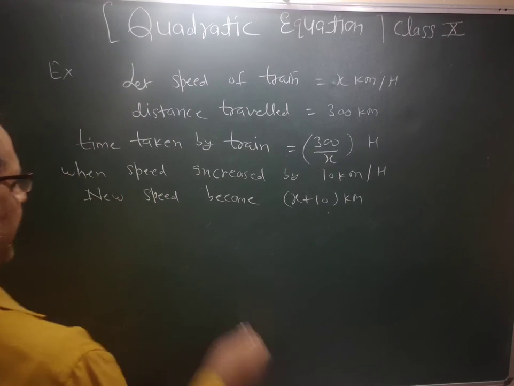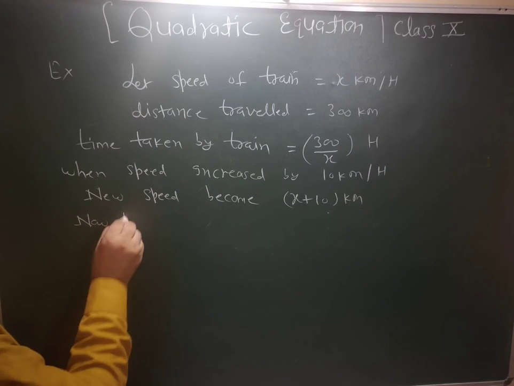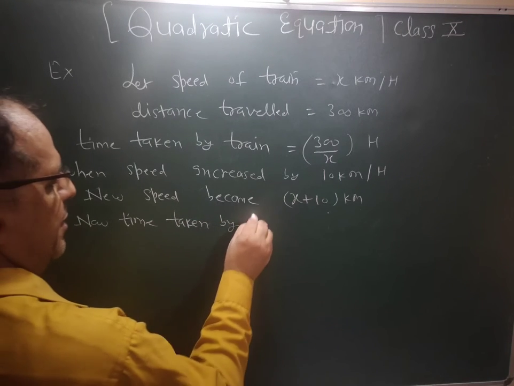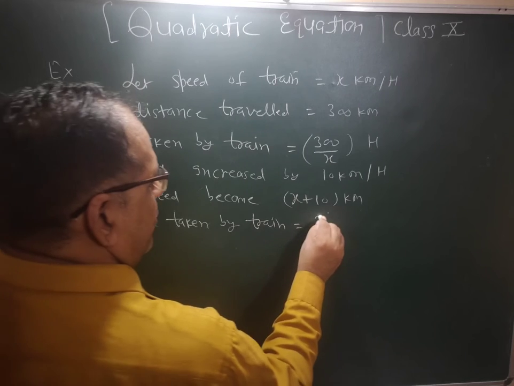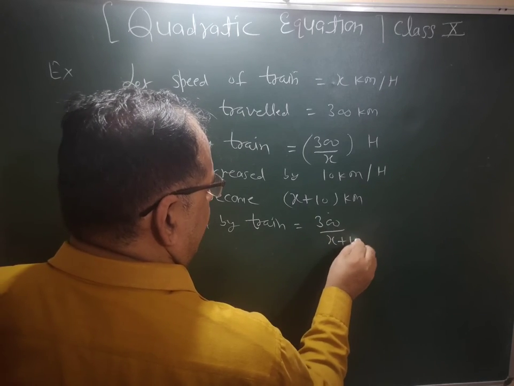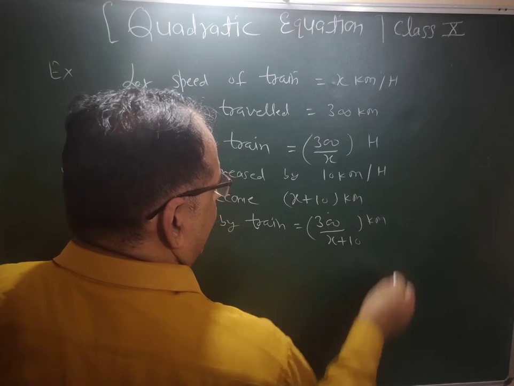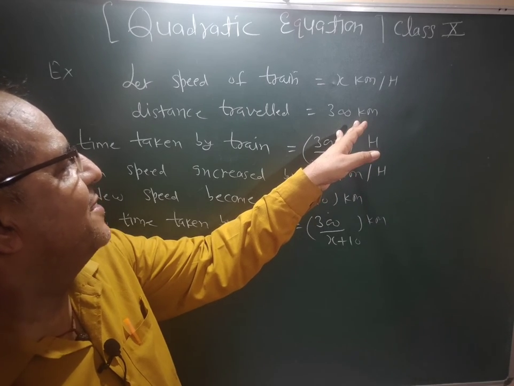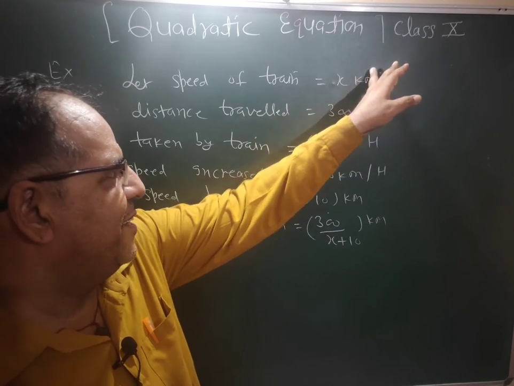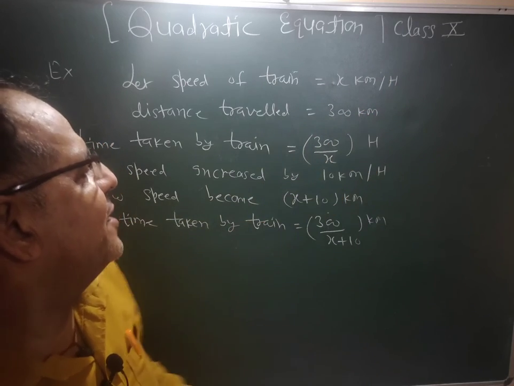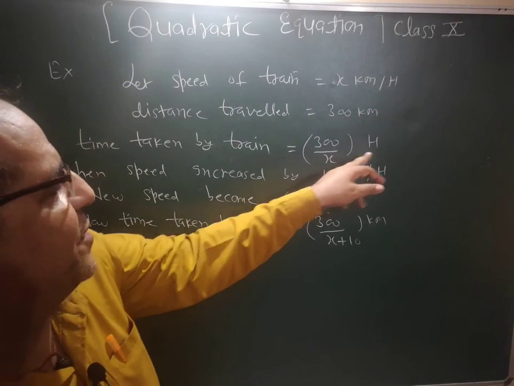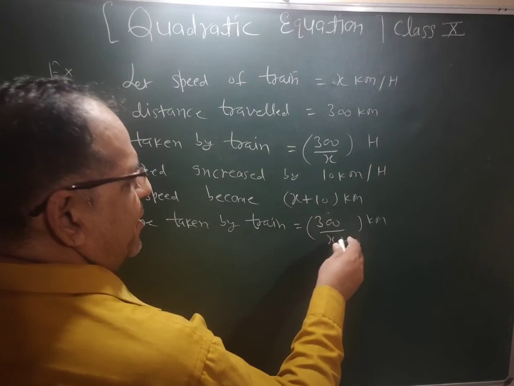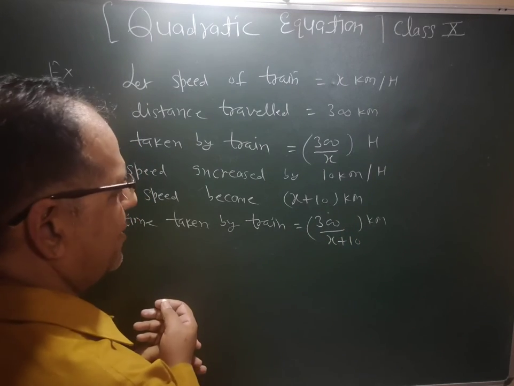In the primary condition the speed was x kilometer per hour and the distance traveled 300 kilometer, so the time taken by the train is 300 upon x hour. Now the new speed is x plus 10, so the time taken is 300 upon x plus 10, which will surely be less.